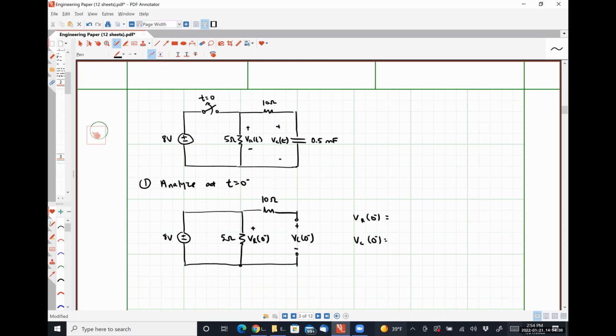So the 5-ohm resistor is directly in parallel with the 8-volt source. So that seems like a very reasonable thing. Anybody who isn't Carter, care to take a crack at VC? Just let somebody else have a chance.